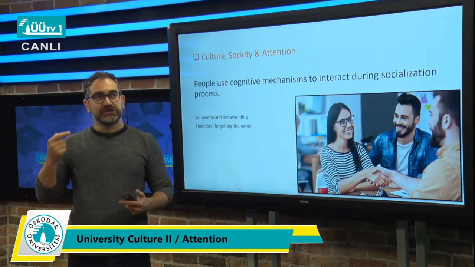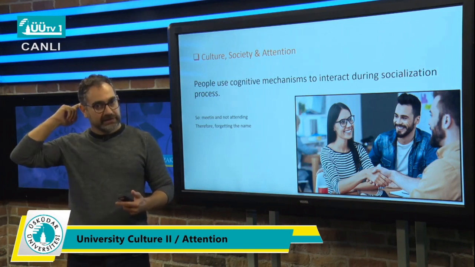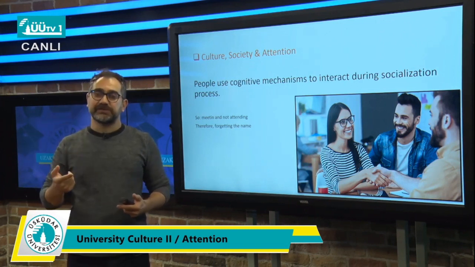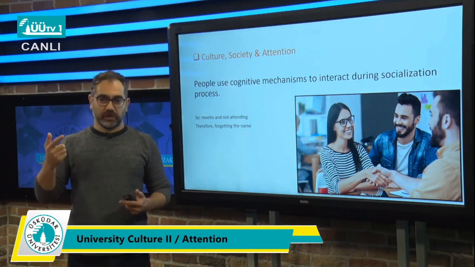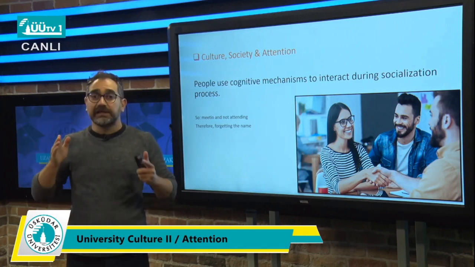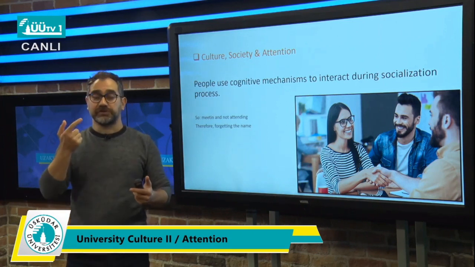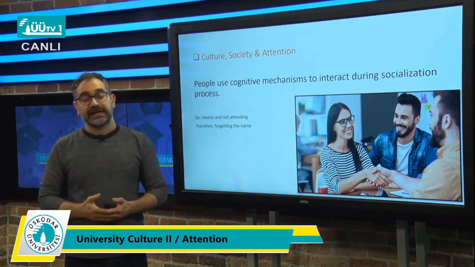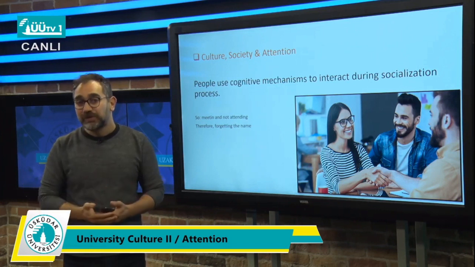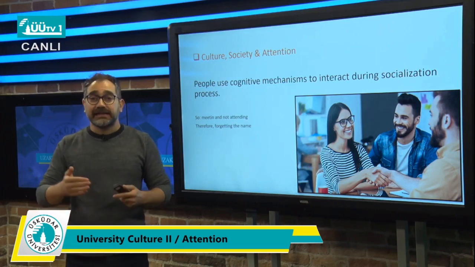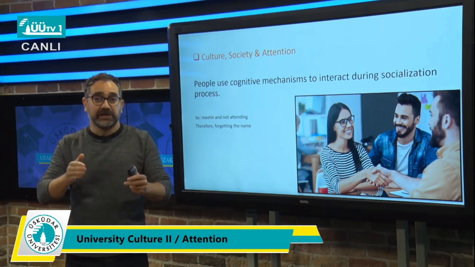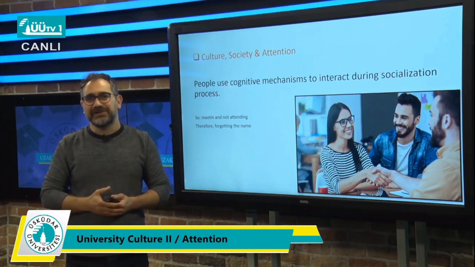We have a certain brain area that is responsible for face recognition. Why? Because that area attends to the face, facial information, facial features. However, as far as I know, we don't have any specific brain area responsible for name recognition.